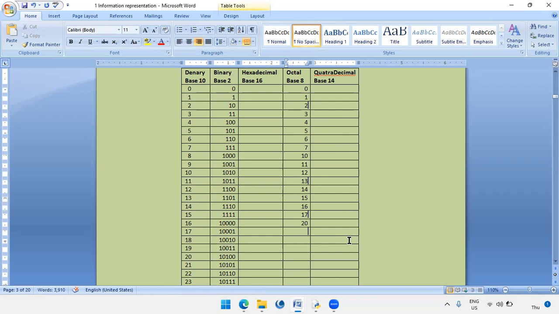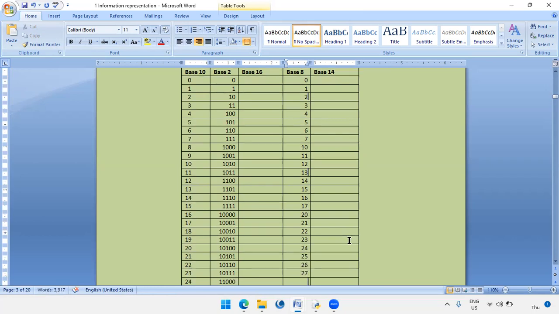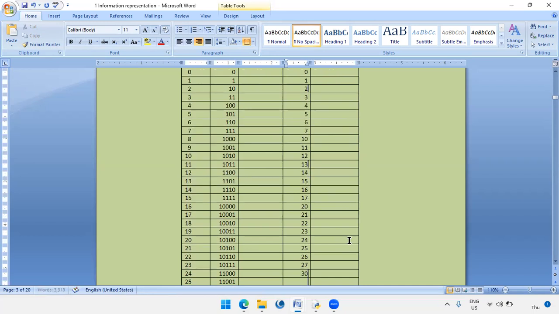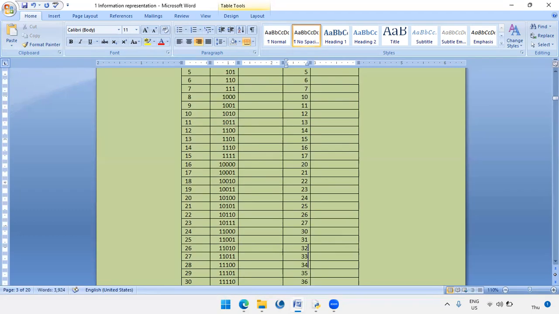You can pause the video, replay, and then learn. 2, 1, 2, 2, 2, 3, 2, 4, 2, 5, 2, 6, 2, 7, then 3, 0. Likewise, it goes on: 3, 1, 3, 2, 3, 3, 3, 4, 3, 5, 3, 6, 3, 7, then 4, 0. Okay.